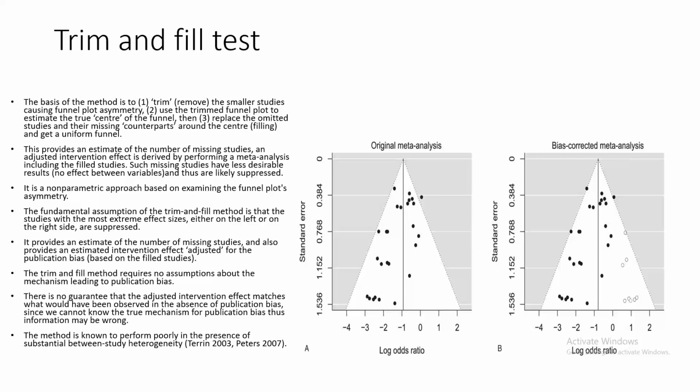Okay, and this number should be less, being a subjective term. I till date haven't got a reference where I come to know what is the exact number of trim and fill to say that the data is biased or it is not biased. But I go by a fairly subjective evaluation of that number when it comes to trim and fill.